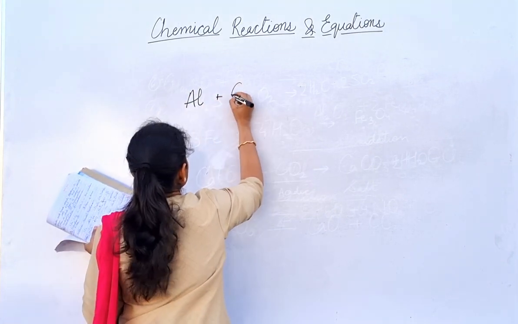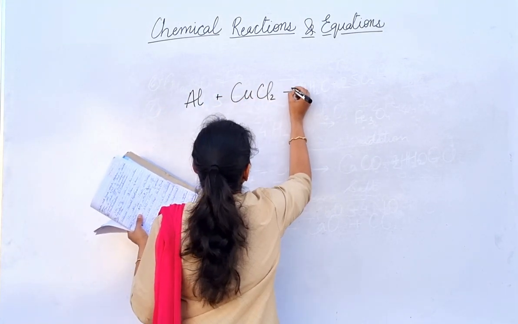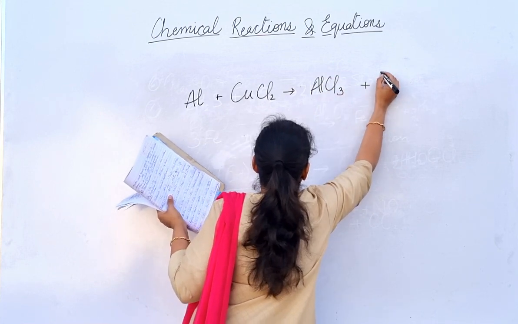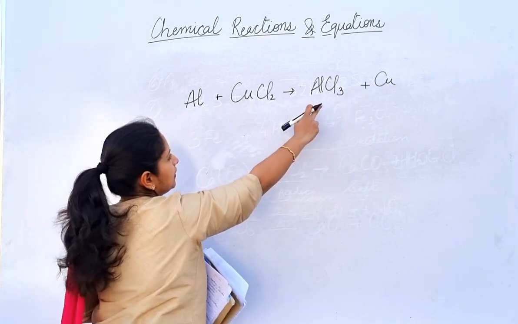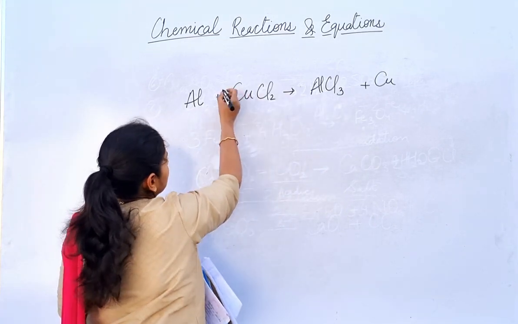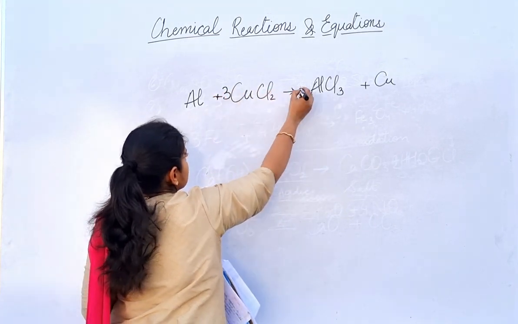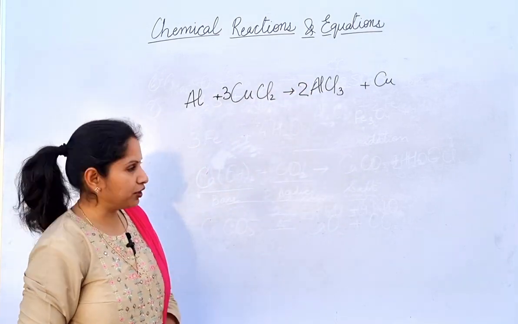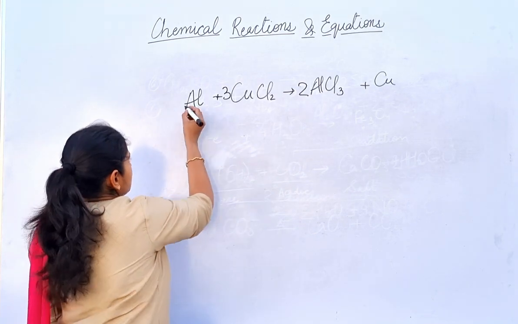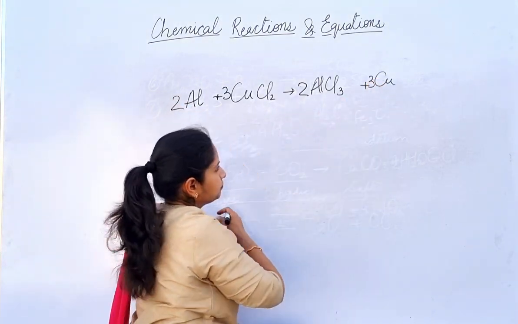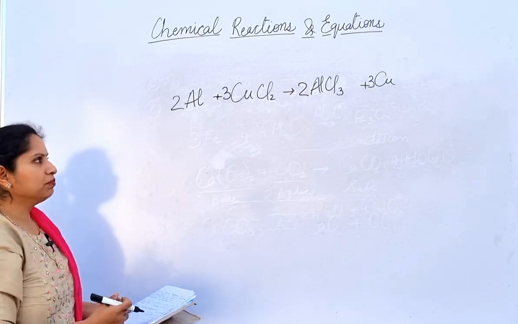Aluminium combines with copper chloride to form aluminium chloride and copper. Now here 3 atoms of chlorine are there, here only 2 atoms are there. So we have to multiply this one with 3 and this one with 2. So on each side we have 6 atoms of chlorine. But by doing that we have made 2 aluminium and 3 copper. Okay. So that is how you can balance that.